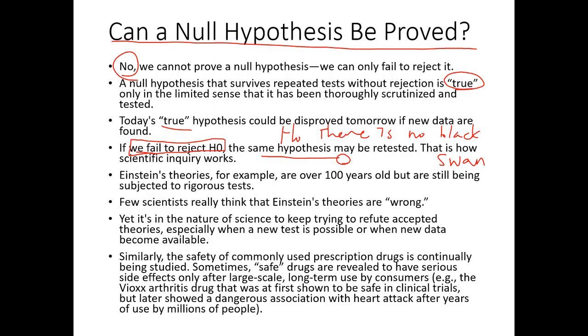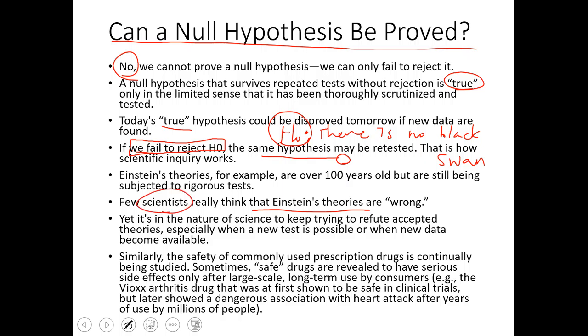But once an explorer found one black swan in, I don't know where, Australia or something like that, then this null hypothesis was rejected. Today, once a black swan is observed, this null hypothesis can be rejected.